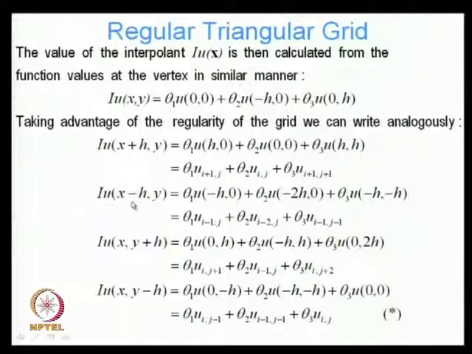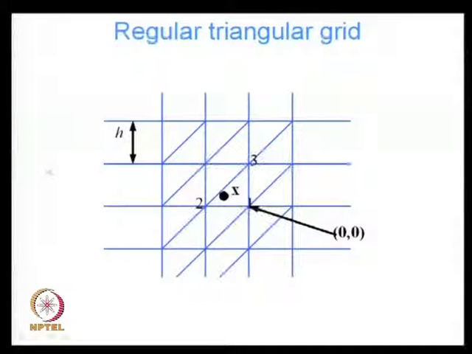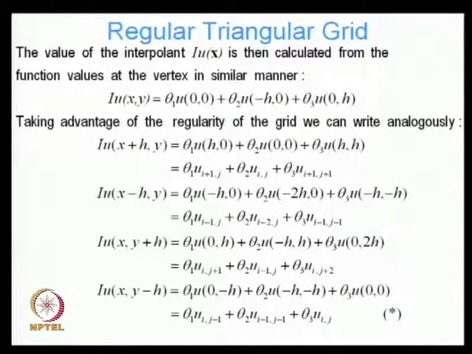Similarly, I u x minus h y, this means I have to shift one h to the left, right. So, I am going to move to this triangle, right, and x would be somewhere here, and that would involve theta 1 u minus h 0, theta 2 u minus 2 h 0, theta 3 u minus h minus h.